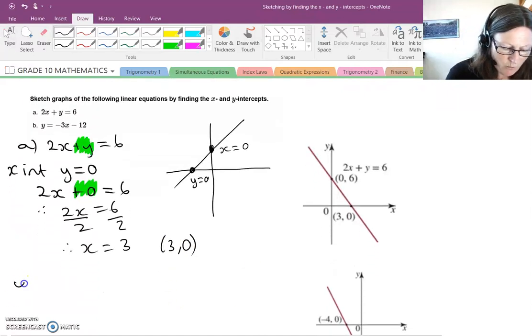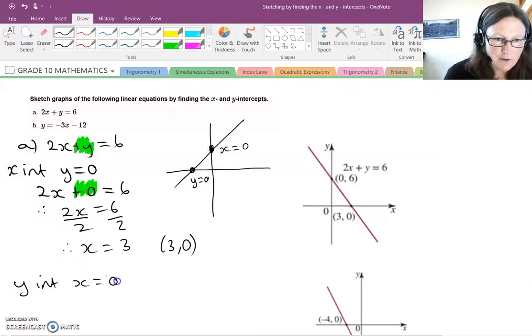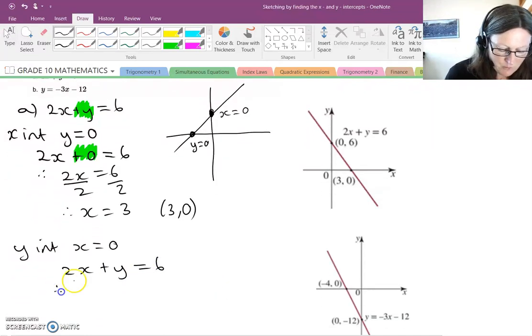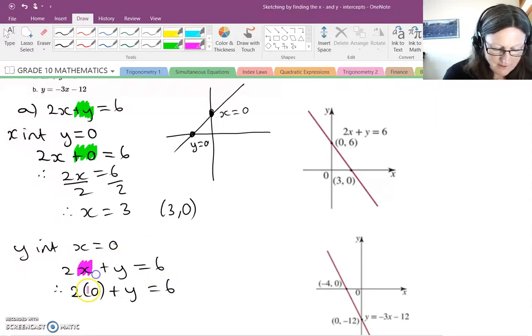Let's find our y-intercept. And remember, for a y-intercept, x is equal to 0. So into our equation, what we are going to do is where we see x, we are going to put 0. So I have substituted, instead of x, I have put 0.